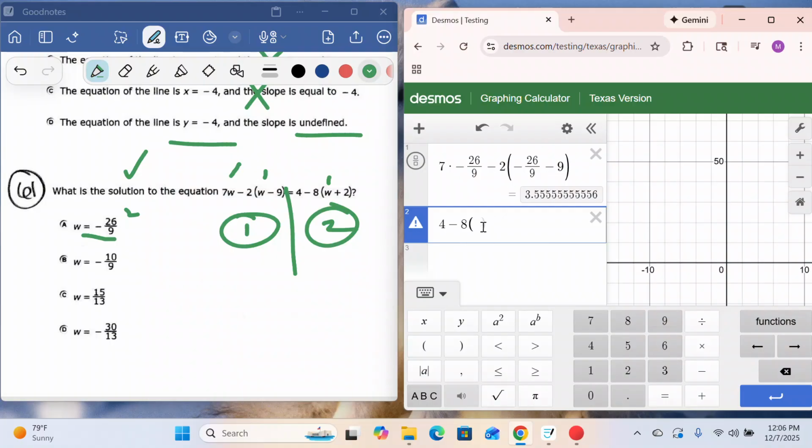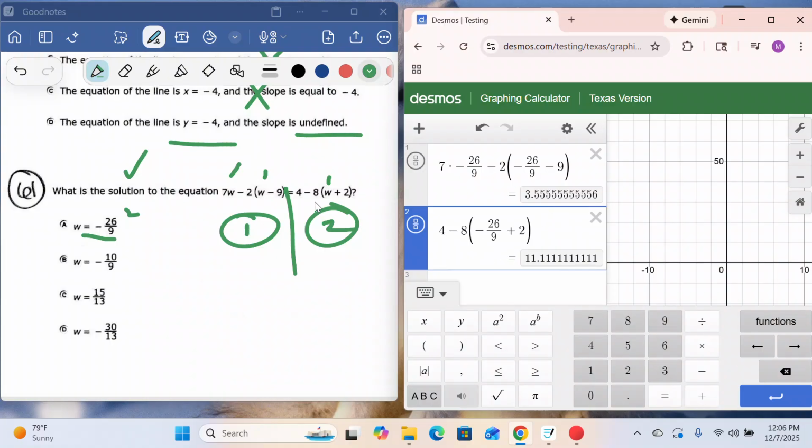So then W is -26 divided by 9, then +2, and they're not equal.